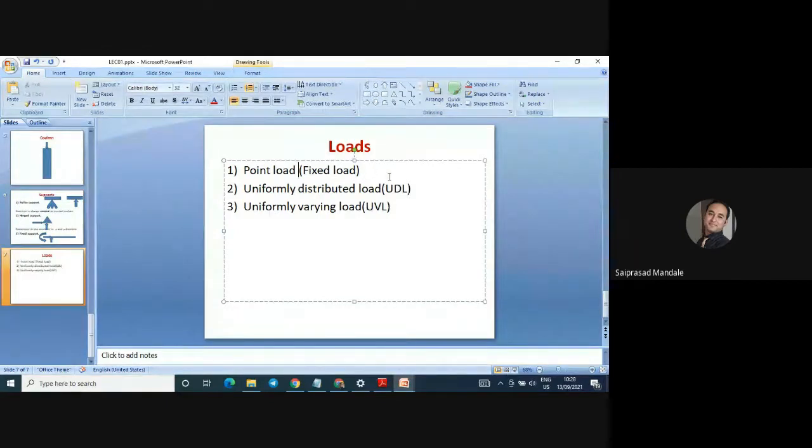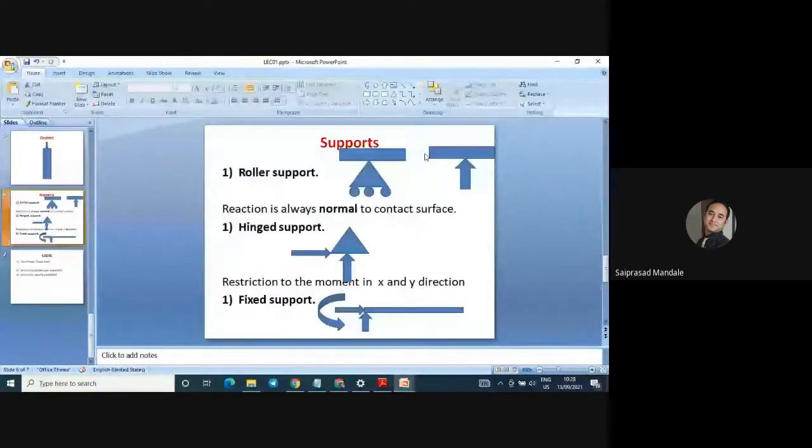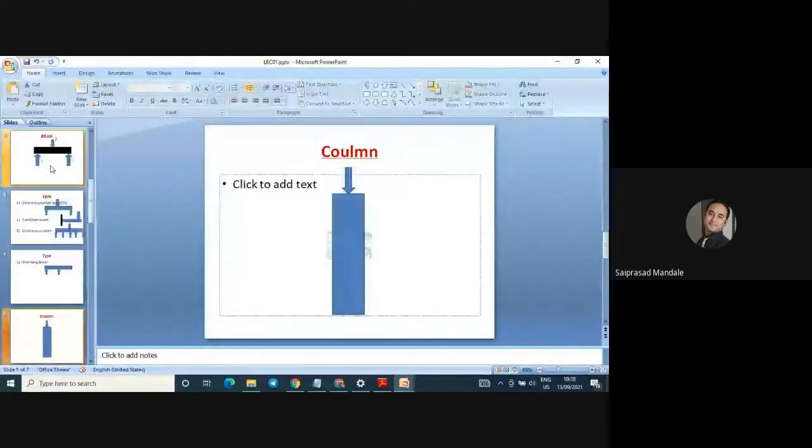So let us see how to calculate their intensity. First case, if there is a beam and on that beam a load is acting. Somewhere I have put the value of force.